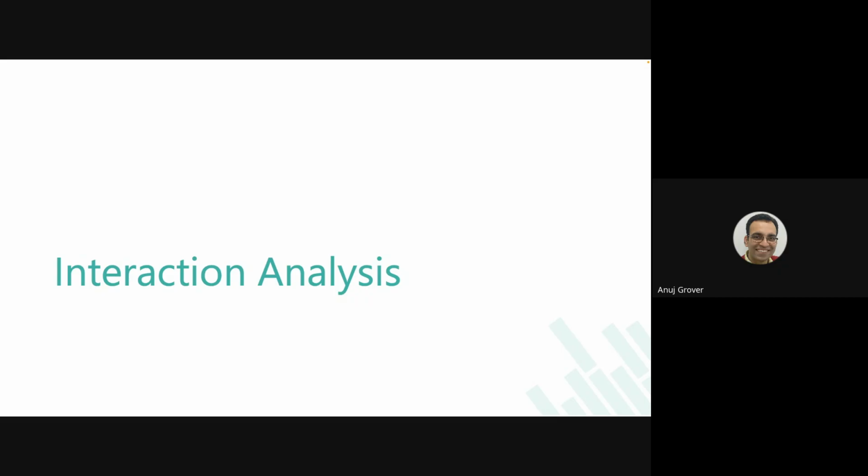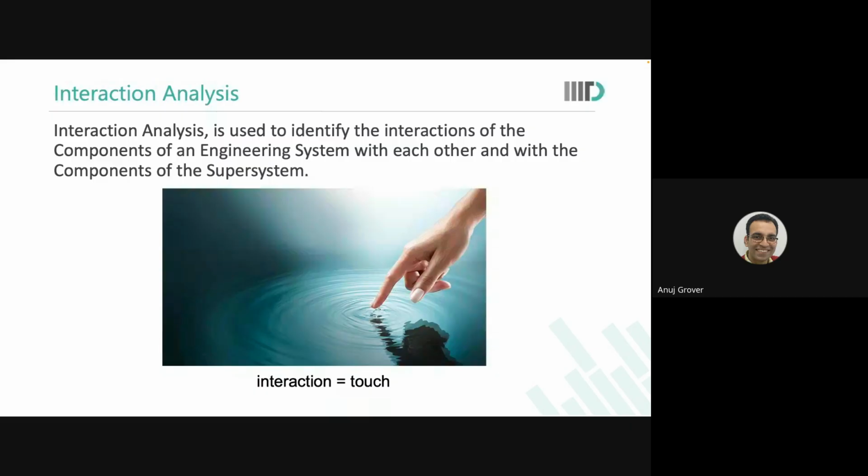So in the language of TRIZ or inventive problem solving, interaction analysis is used to identify the interactions of the components of the engineering system with each other and with the components of the super system.